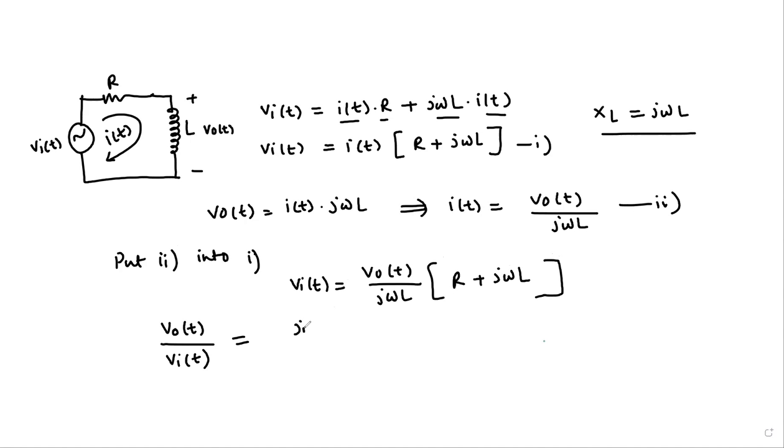That comes out to be j omega L divided by R plus j omega L, and this can be written as 1 over 1 plus R divided by j omega L.